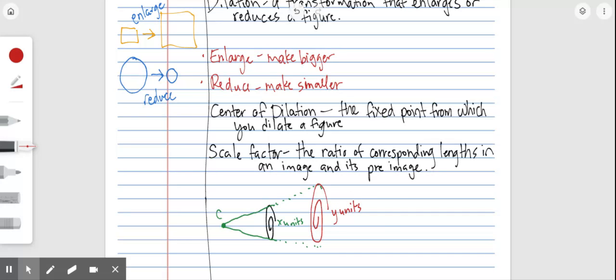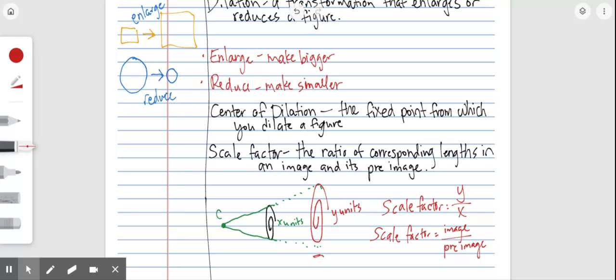And my scale factor will be my image, which is the one that's Y, the bigger one, Y divided by X, because X was my original. Now, if you'd started with the bigger one and you scaled down, then it would be the second one, the image, divided by the pre-image. So scale factor is the image length divided by the pre-image.